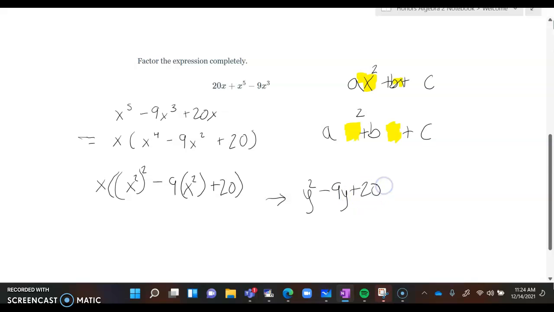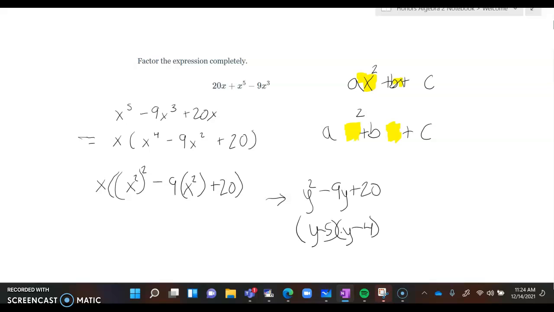And you just factor that thing using whatever strategy you prefer. So it factors as y minus 5 times y minus 4.